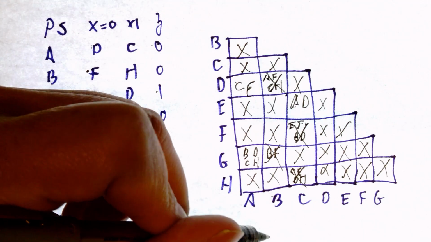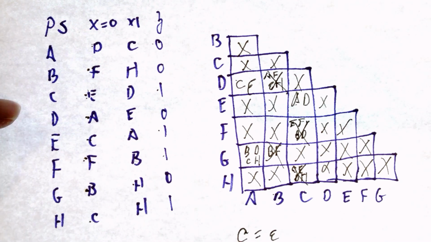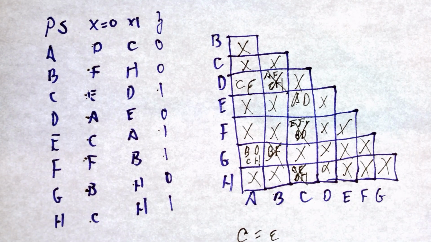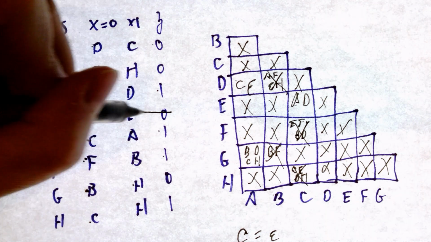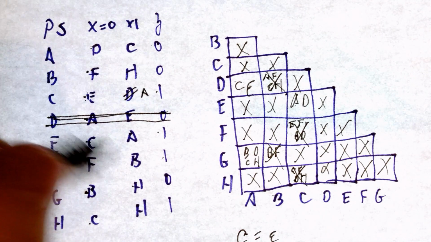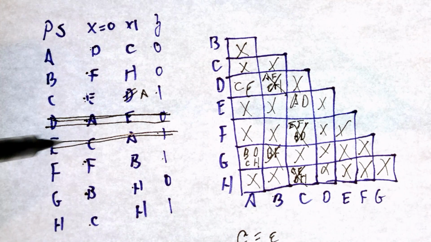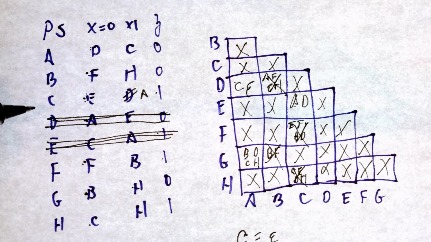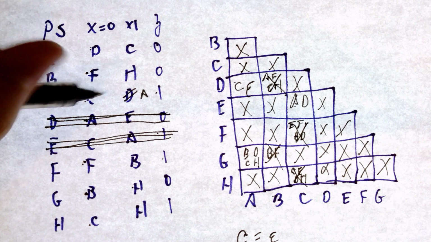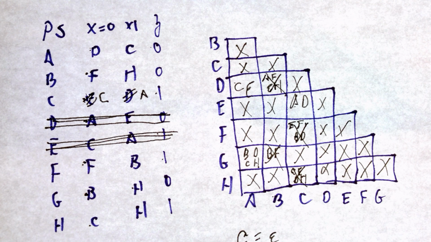So C must equal E, and D must equal A. And from these sorts of relationships, if D is equal to A, I can cross out D. Anywhere I see D, I can write A. If C is equal to E, I can cross out E. Anywhere I see E, I can write C. And that certainly gives us a nice reduction. Thank you.